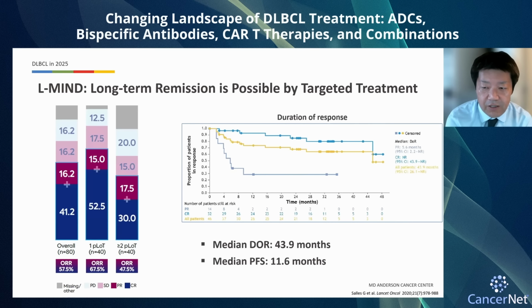As you can see here, the complete response rate with tafasitamab lenalidomide was about 50% in the second-line setting, listed here. And these complete responses can be very durable, as shown by the blue curve on the survival curve.